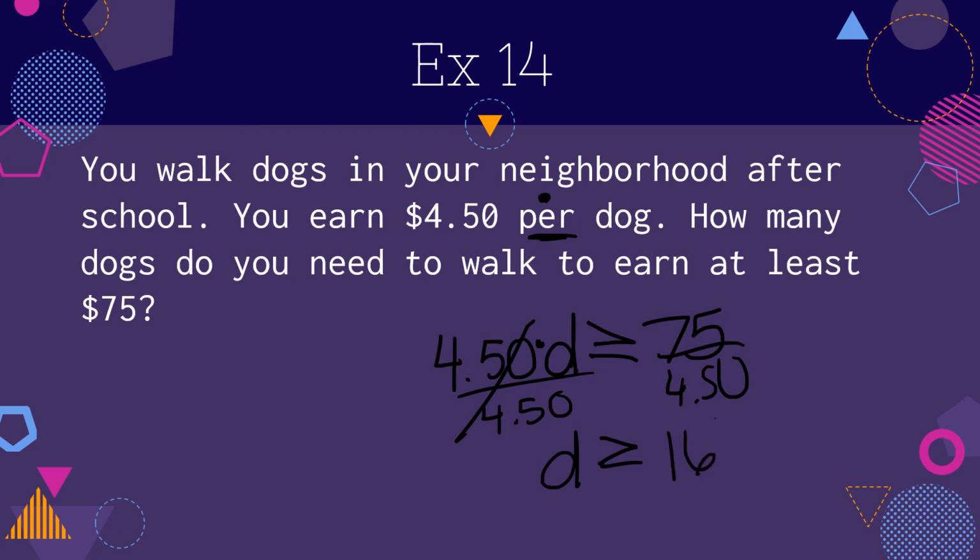I got 16 2/3. Can I walk 2/3 of a dog? No, that doesn't make sense, right? This is a real world scenario. So for dogs, I need to walk at least 17. We would round up because if I round down, I'm making less money, and I want to make 75 bucks or more.